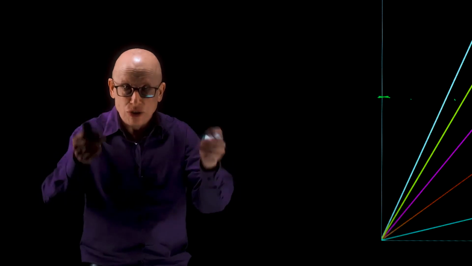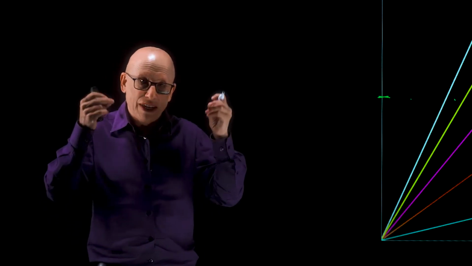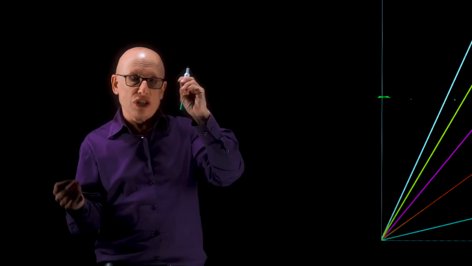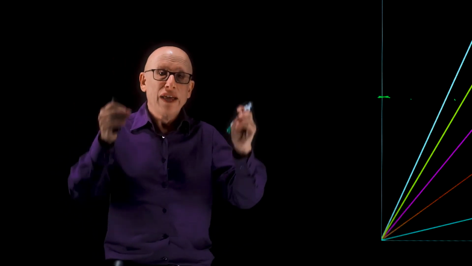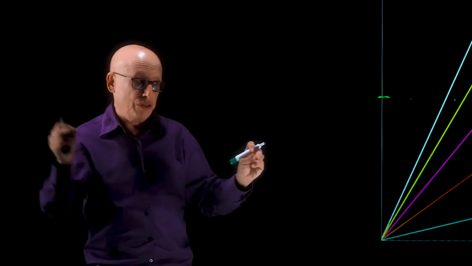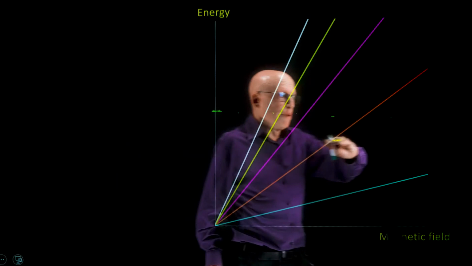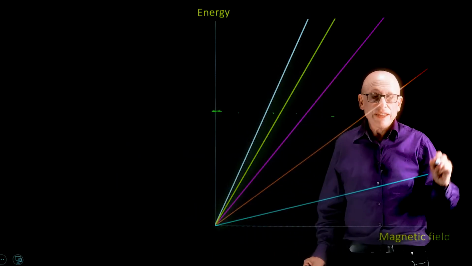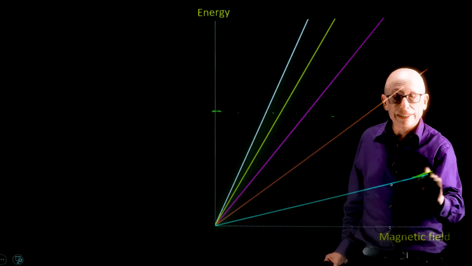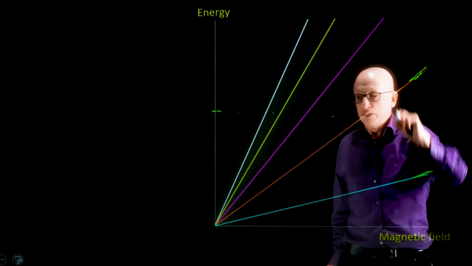Now, let's put this in order and try to understand what happens to the issue of localization or delocalization: when are states at the chemical potential localized and when are they not. So let's look at high magnetic fields first. At high magnetic fields, basically each Landau level is well separated from the other Landau levels.